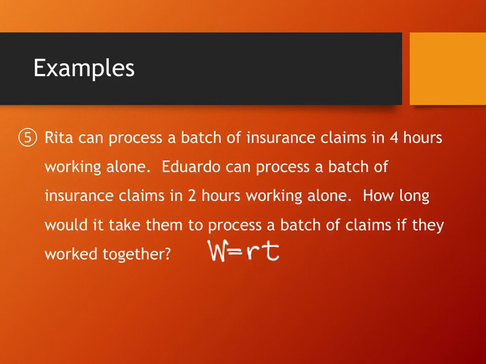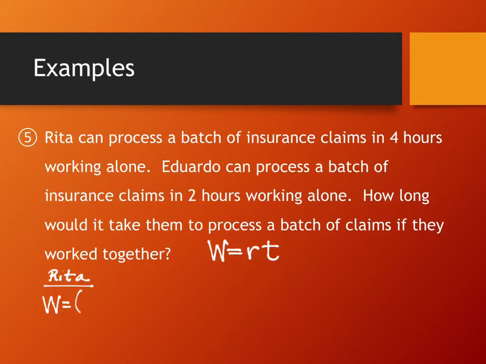So what's our first one? Rita. For Rita, it takes her 4 hours. If it takes her 4 hours to complete the job, how much would she complete in 1 hour? 1/4 of the job.